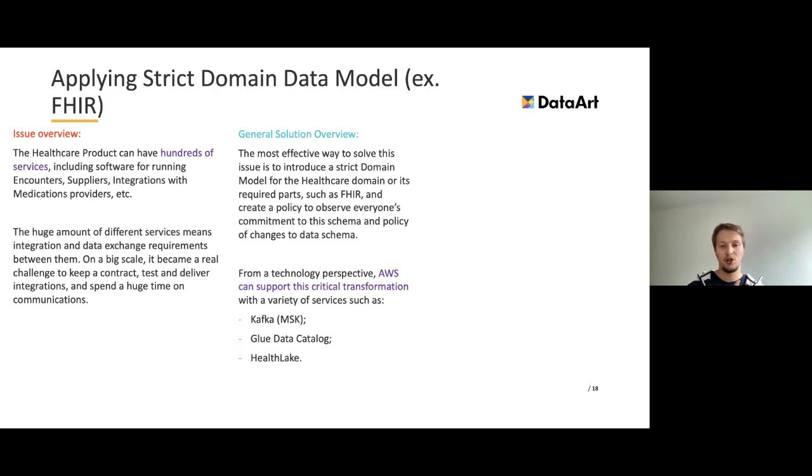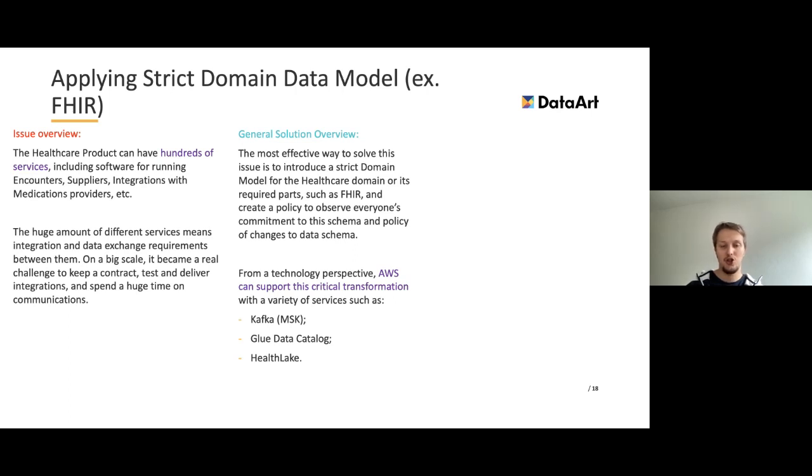If we're talking from a technology perspective and where AWS can help to support this critical transformation for our clients, it can do it with a variety of services such as Kafka, MSK as an event store, which, with integration to a schema registry, can help us apply a strict data schema.